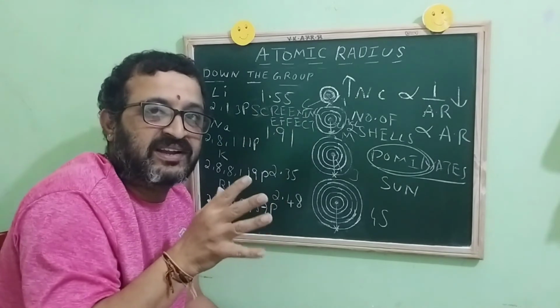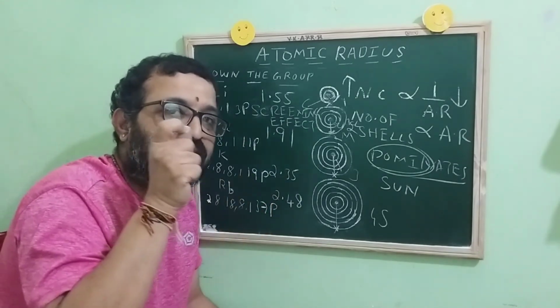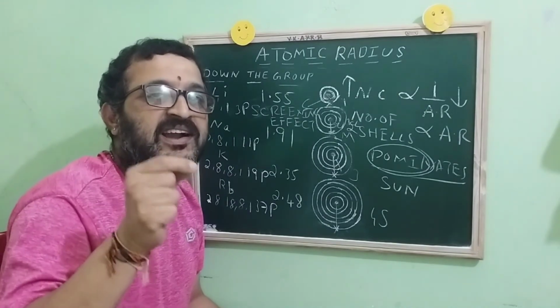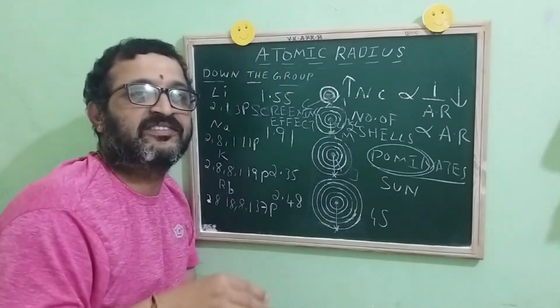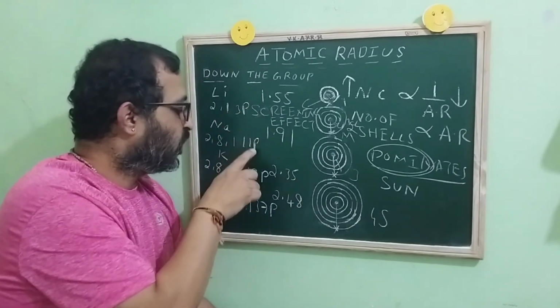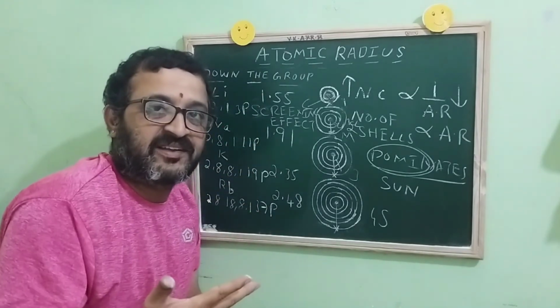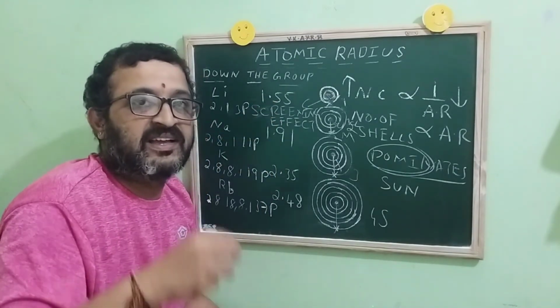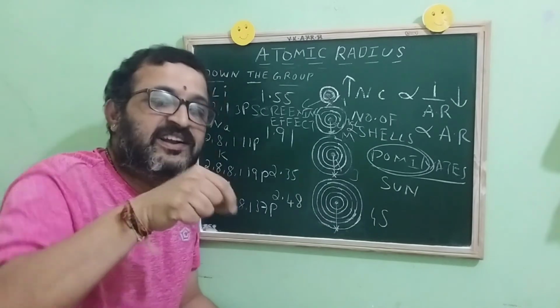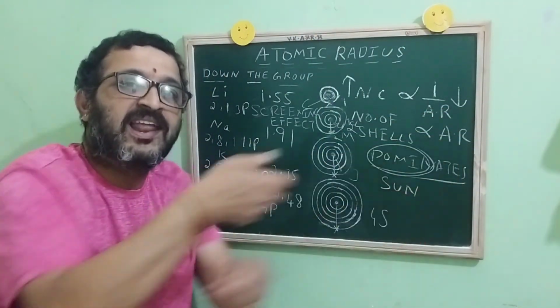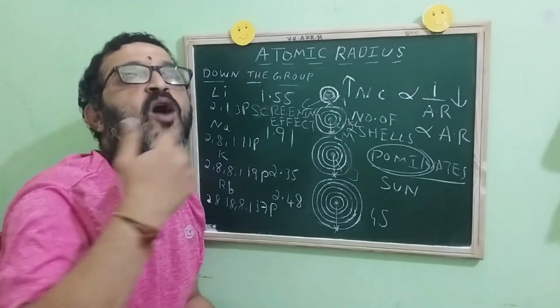When the screening effect increases, the force of attraction between the nucleus and the outermost shell containing electron will decrease. Because of screening effect, though the nuclear charge is increasing, the protons present inside the nucleus are not able to pull the electrons that are present in the outermost shell.